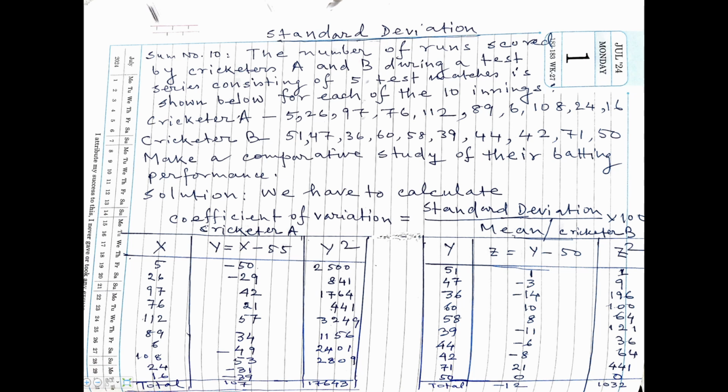Solution. We have to calculate the coefficient of variation, which is equal to standard deviation by mean into 100.